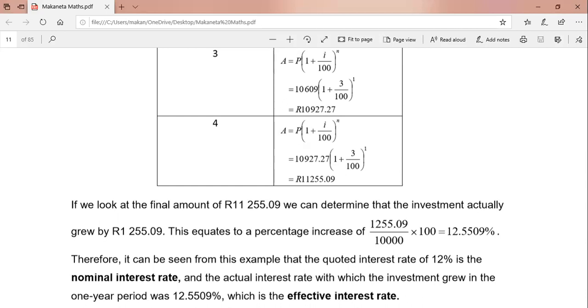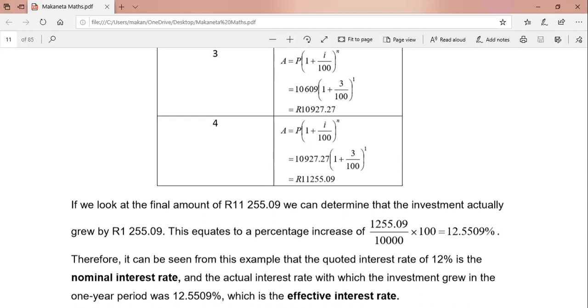In order to find the effective interest rate, you take your formula for compound interest, you calculate the accrued amount, and thereafter you take the accrued amount, which is A, you subtract the principal amount, which is P, and then you divide everything by the principal amount, and you multiply everything by 100.